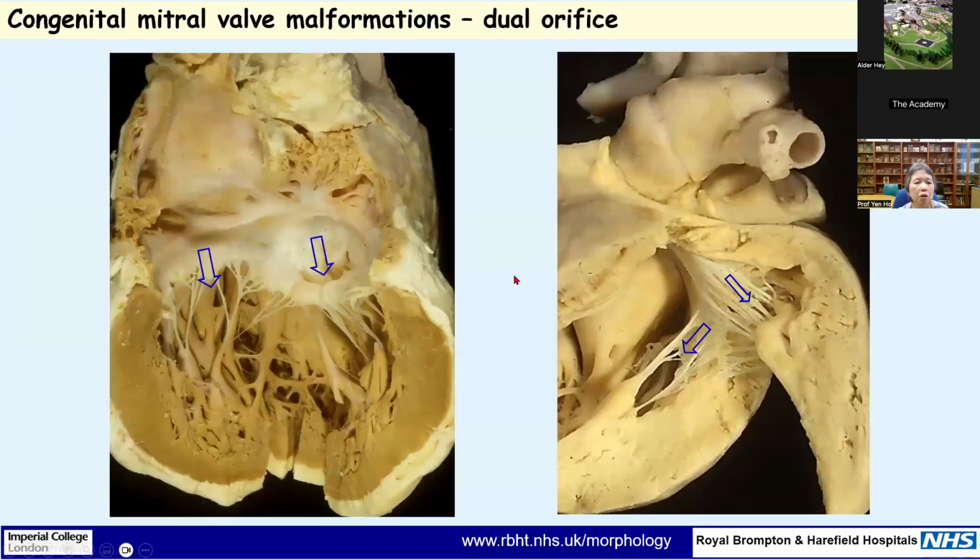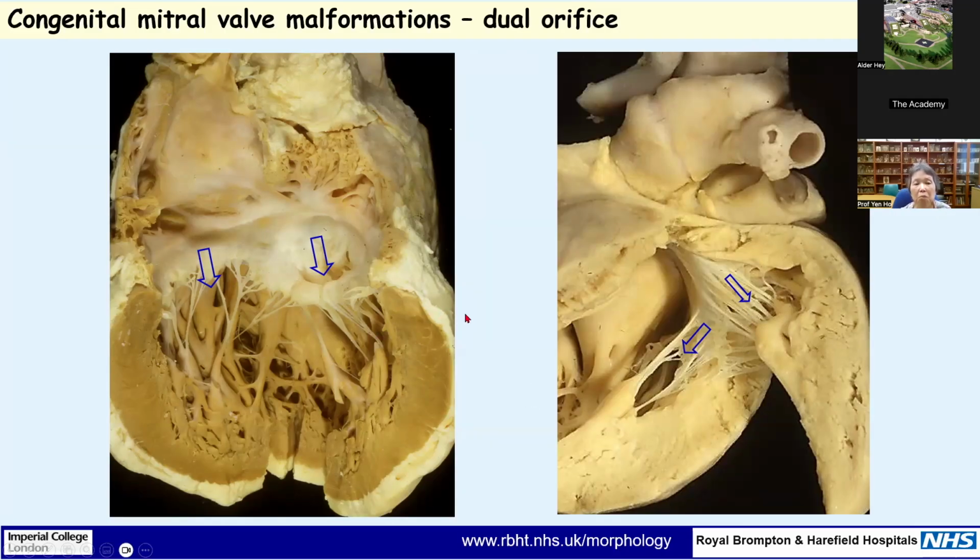And moving on to this configuration, it's not stenosis, but we have two orifices to the mitral valve, isn't it? One here. If I put these two bits of the right ventricular wall back together, you have another orifice. So viewed from the aortic outflow tract viewpoint, we have two orifices coming into the mitral valve.